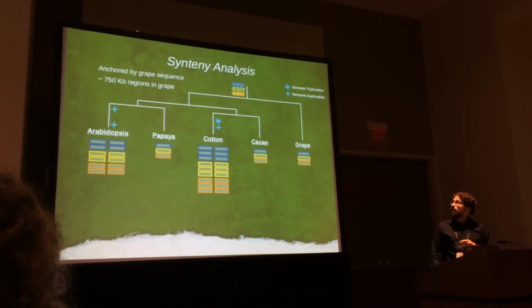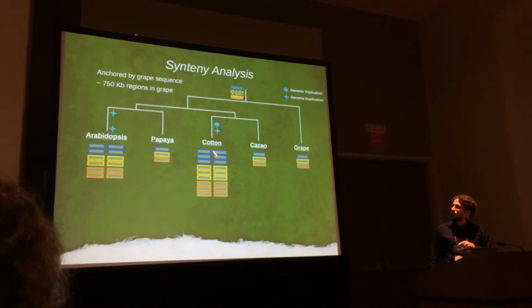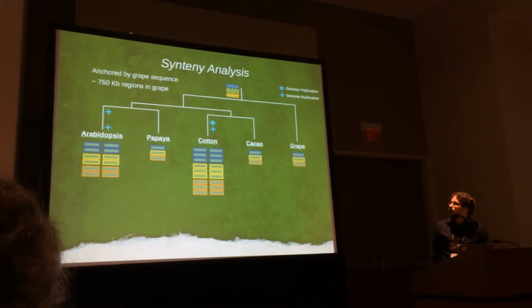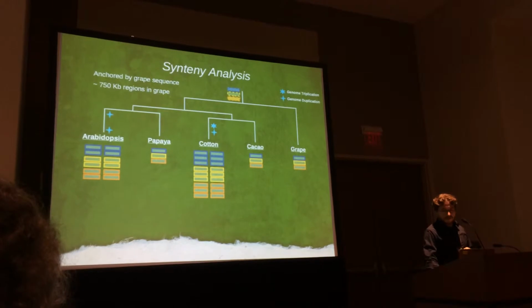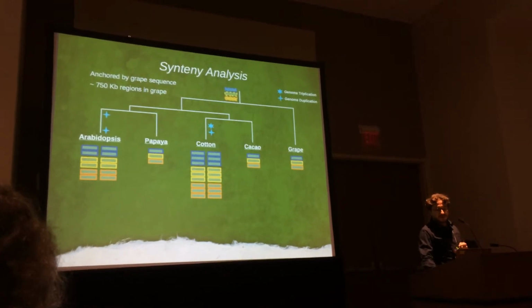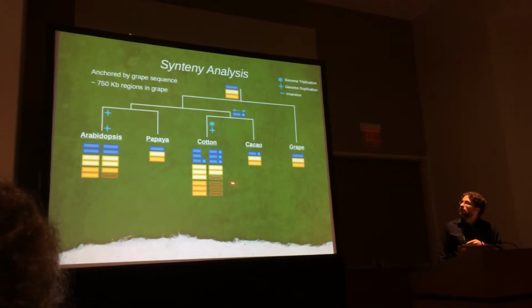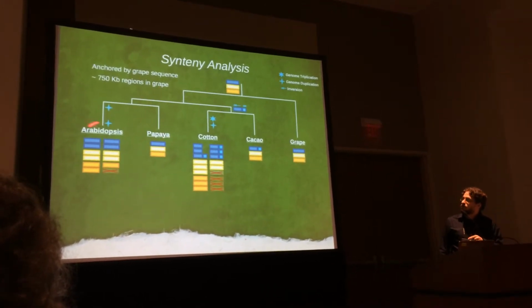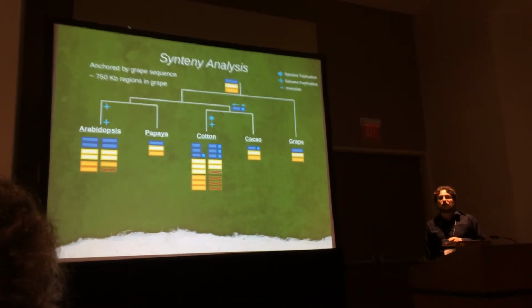So the expectation, having those ancestral regions, is to find, again, 6 copies of each region in cotton, 4 of each region in Arabidopsis, and so forth. And indeed, once we look across genomes, we found most of them. We found pretty much conservation for most of the regions of all 750 kbs.